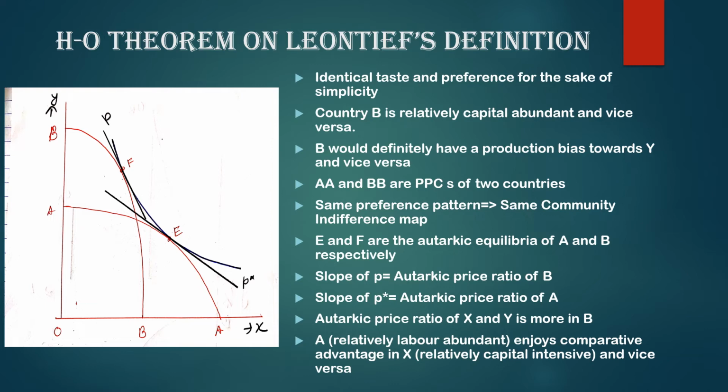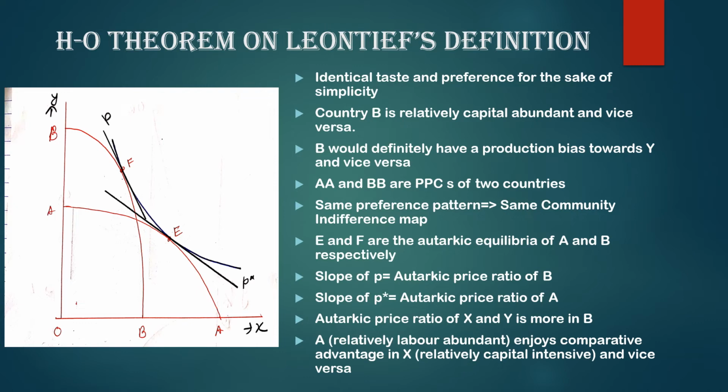That means both countries are represented by the same set of community indifference curves, because a community indifference map represents the preference pattern of a country. So here we consider country B is relatively capital abundant and country A is relatively labor abundant.